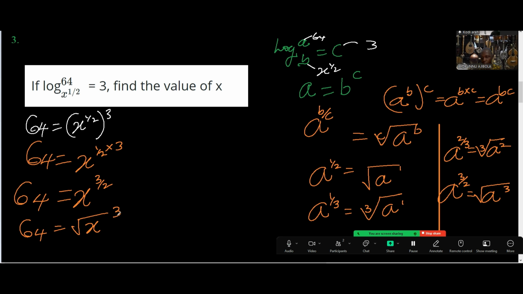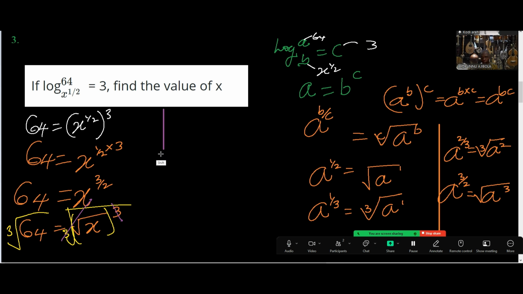So let me firstly remove the power 3. I'll find the cube root of this and the cube root of everything here, so that the cube root will cancel the power 3, but the cube root of 64 is going to be 4. Is that clear?